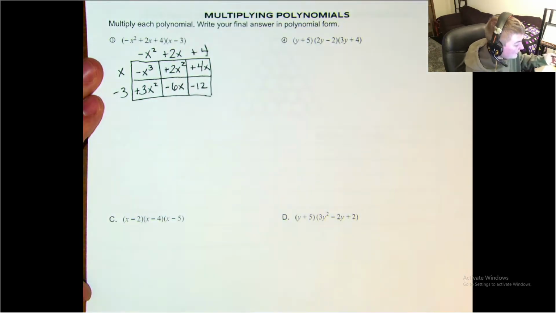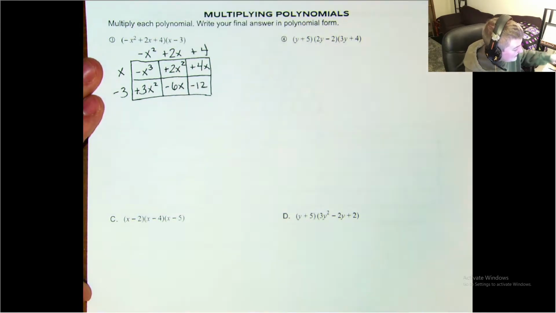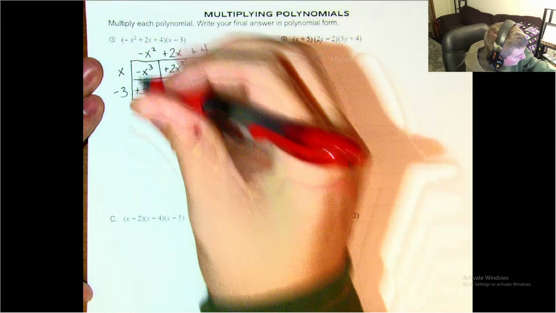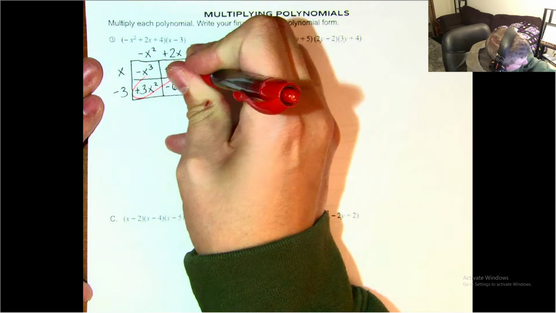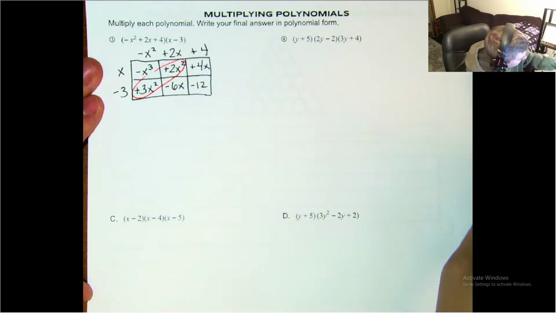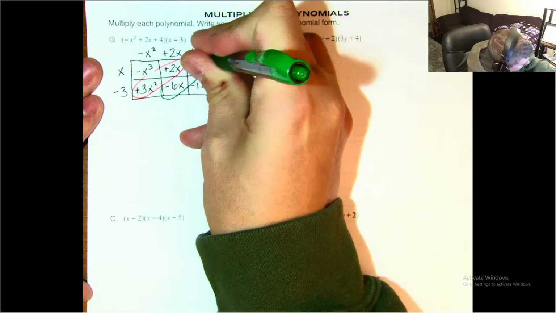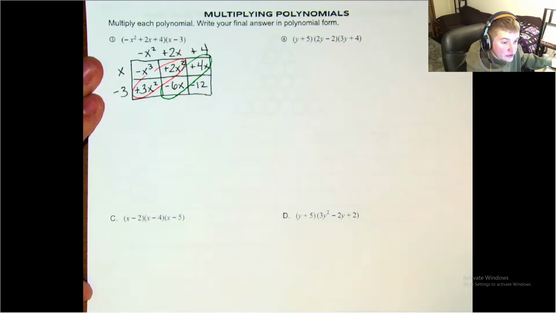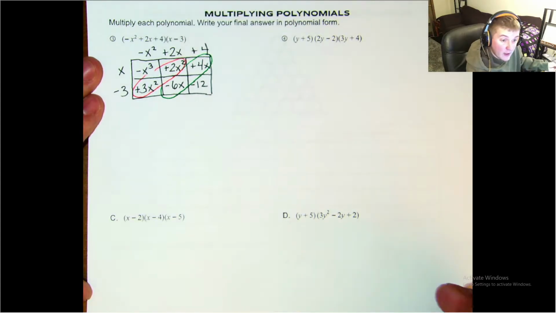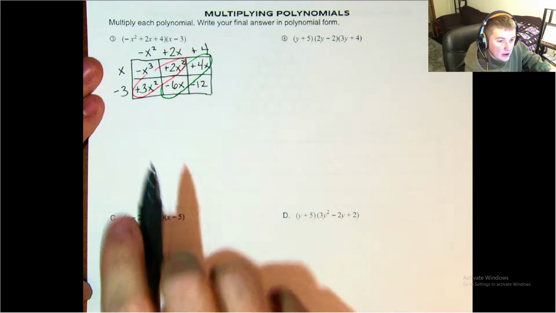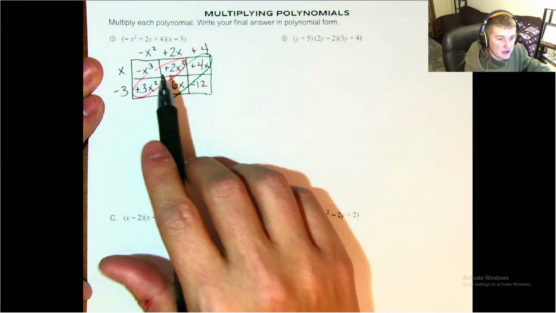Okay, now we have to combine like terms. If you set each term up in polynomial form, you're going to notice that diagonals are going to be the parts that add together. Okay, you're going to notice that those are going to be the terms that are alike. Okay, and also assuming that we're not skipping a term.